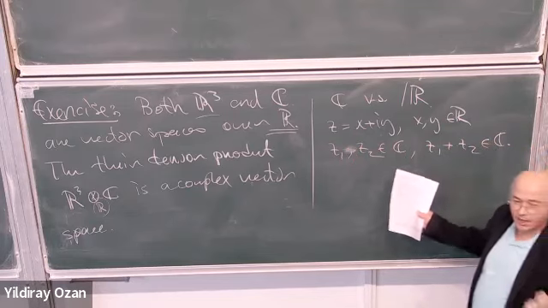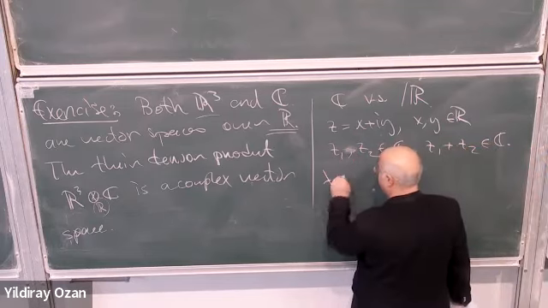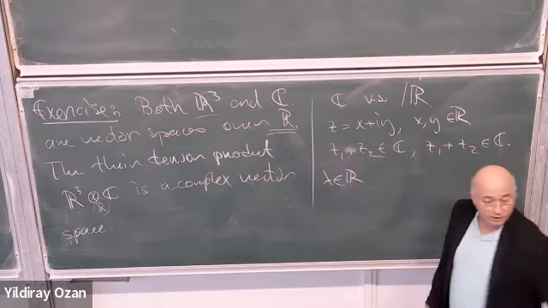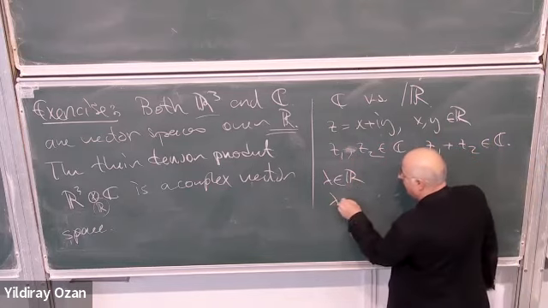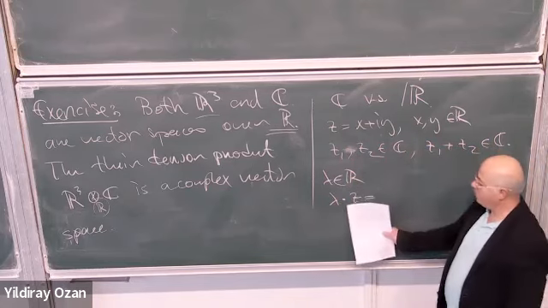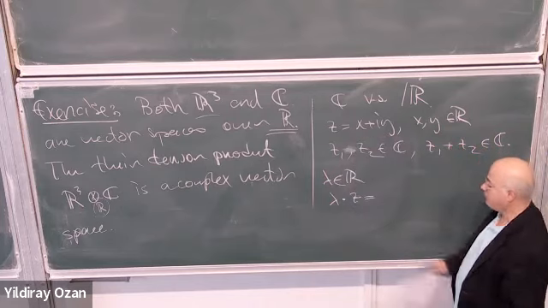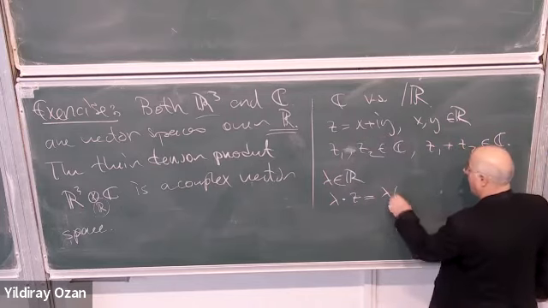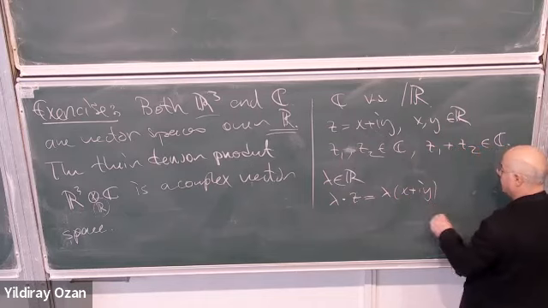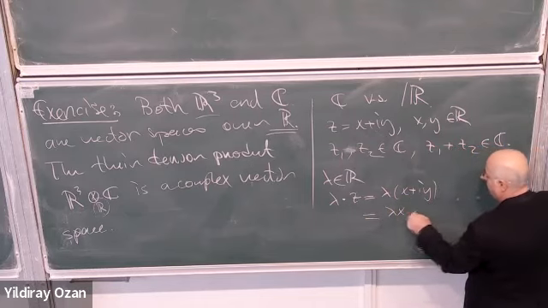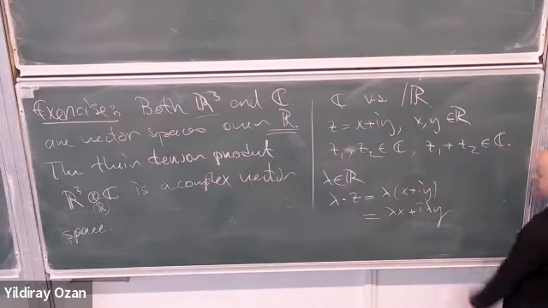Addition operation is this. Scalar multiplication is what? If you choose a real number, then you multiply a complex number by it. Now this is just x plus iy, so we just write this.